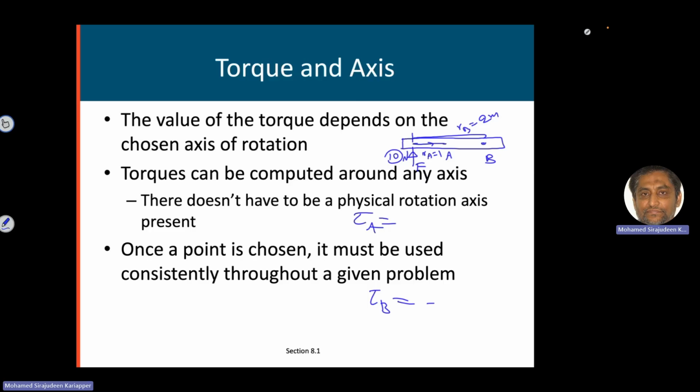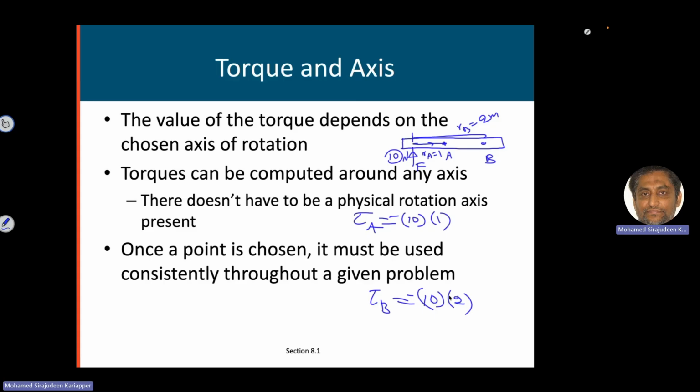So for example, torque about A will be 10 Newton multiplied by 1, because the distance to the point A is 1. But torque about B will be 10 multiplied by 2. Okay, it's clockwise, right? Both of them are clockwise, so it will be negative, negative. If it is making 90 degrees, sine 90 is 1, so it's the same for both of them. So this is very important, okay?